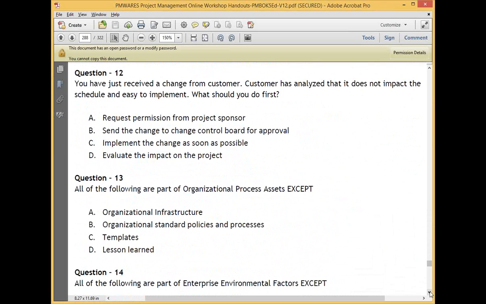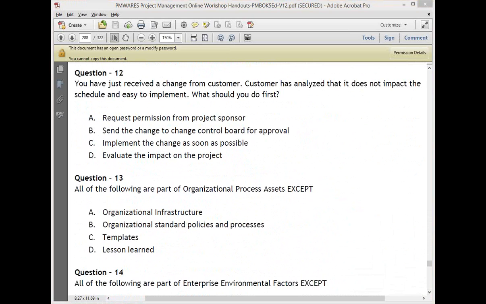Evaluate. Isn't it? Shouldn't we do evaluation first? Any doubt about it? Fine, right?